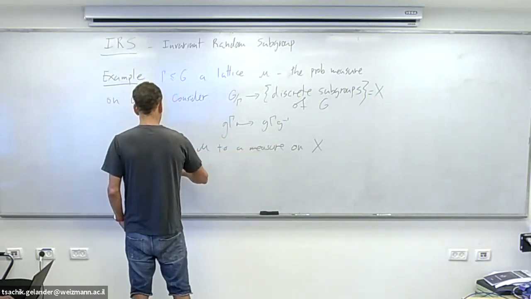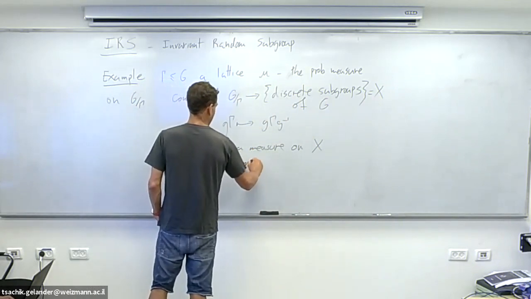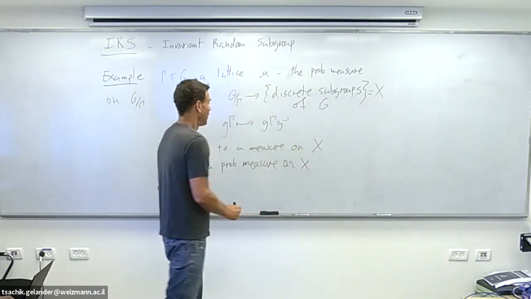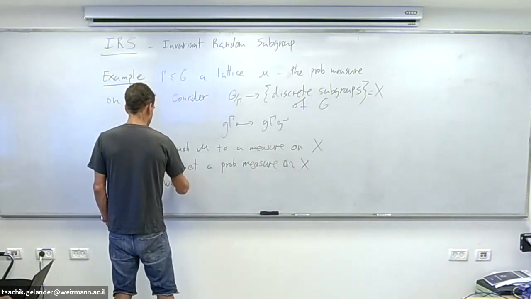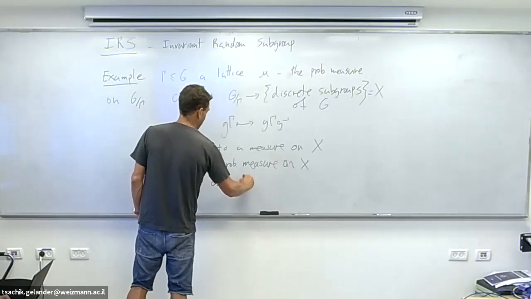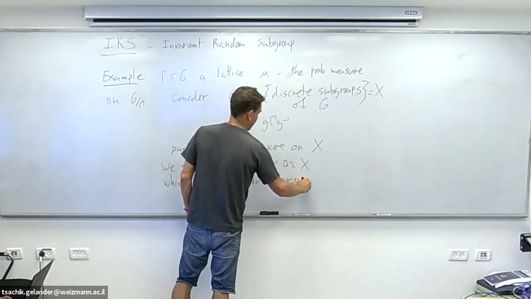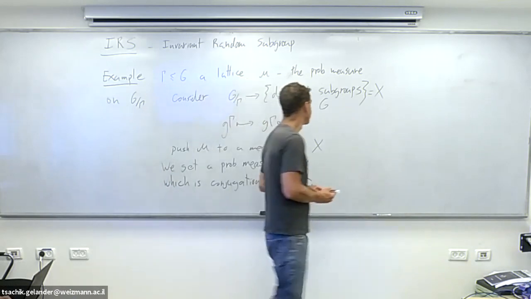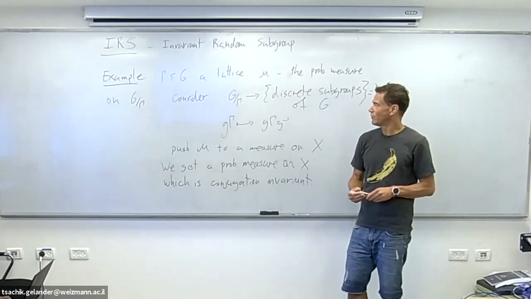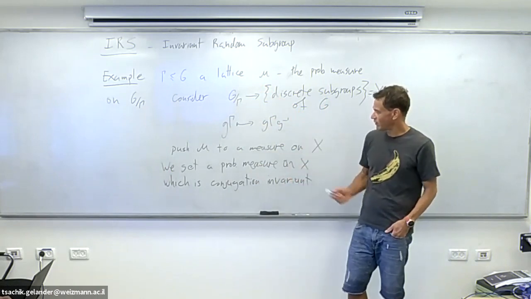We get a probability measure on X, which is conjugation invariant. The fact that the measure on G mod gamma was invariant by the G action translates to the fact that the measure we get on X is conjugation invariant.